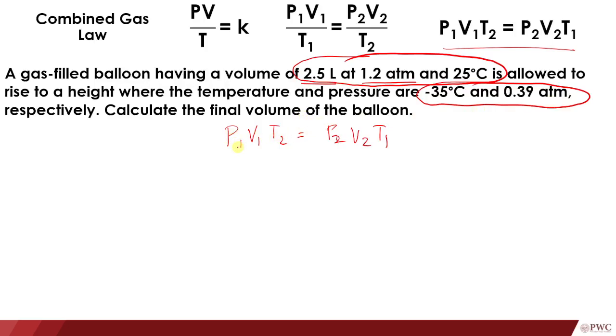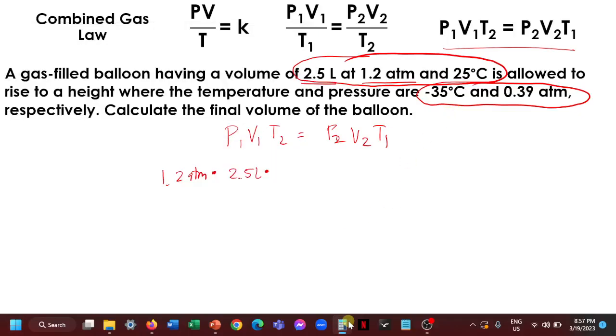Okay, first we have P1, so the initial pressure is equal to 1.2 atmospheres times the initial volume, 2.5 liters, times, again, we're looking for the final temperature, which is negative 35 degrees Celsius. Now we're going to convert this one to Kelvin.